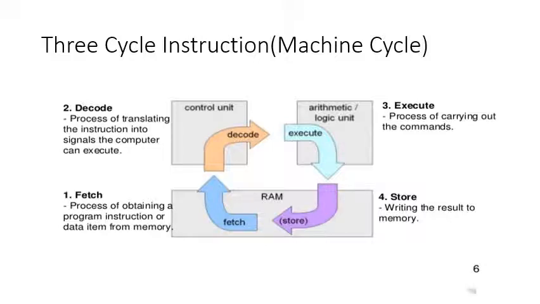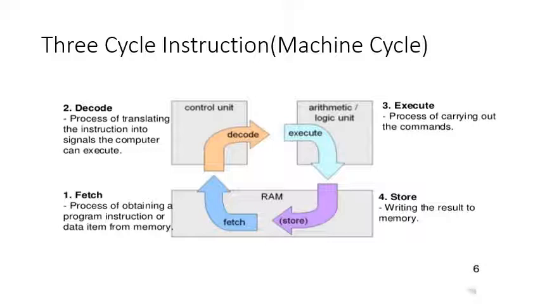That is, after getting the instruction, the decode process is converting the instruction into microprocessor-known language. After decoding, the decoded signal is a computer-known signal, so the microprocessor can easily execute it. Execution is the process of carrying out the commands given by the user.